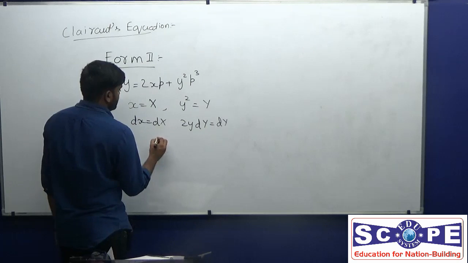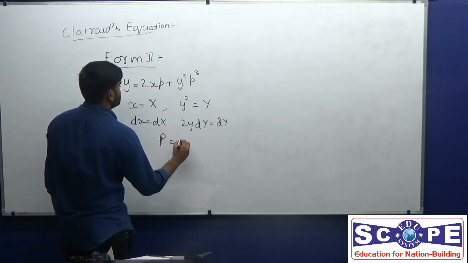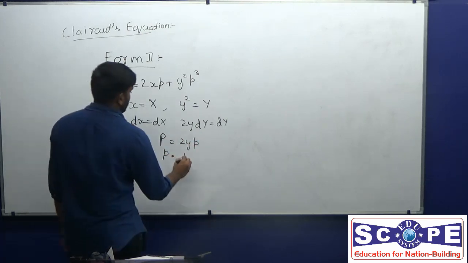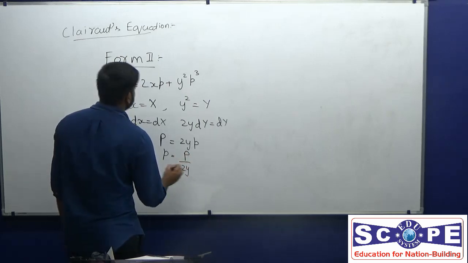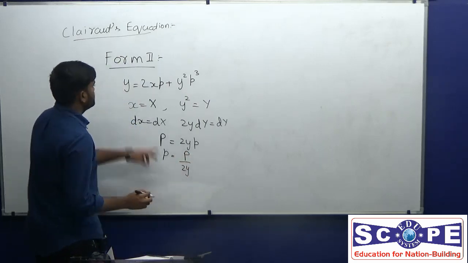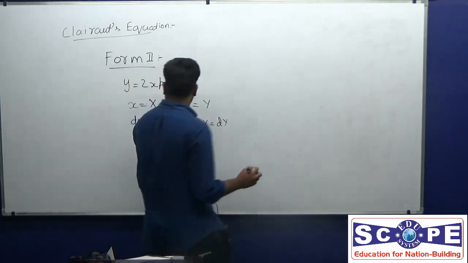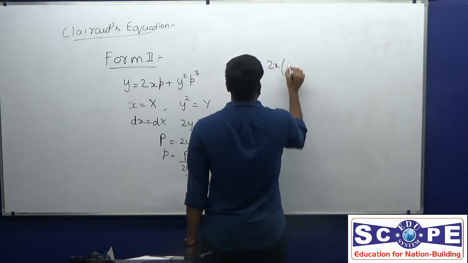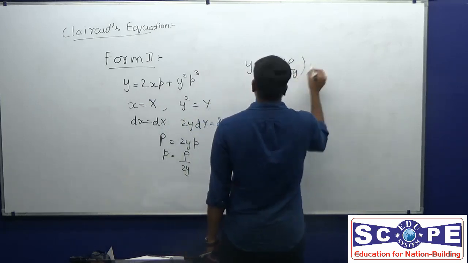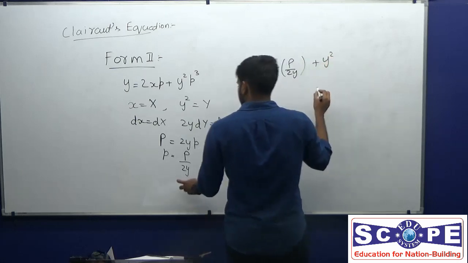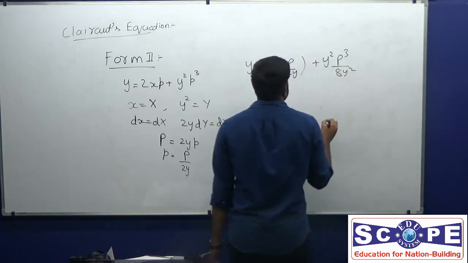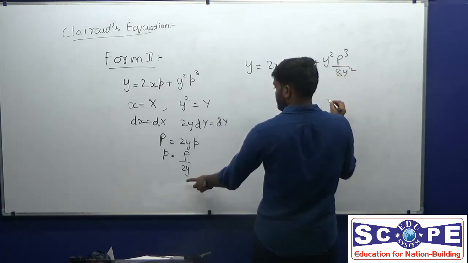So here if we divide, we will get capital P as 2y small p. That implies small p equals to capital P by 2y, right? So you simply substitute this here. Y equal to 2x into P by 2y plus y square p cube by 8y cube, right?